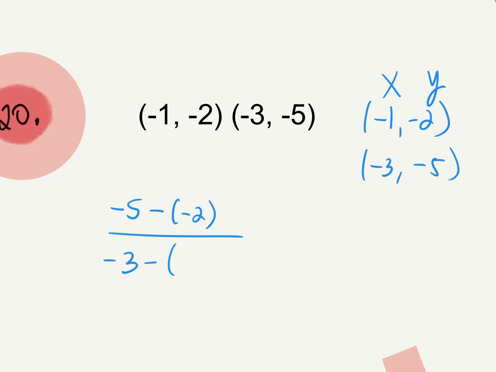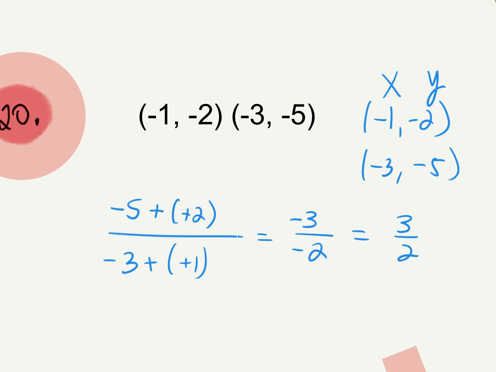So negative 3 minus a negative 1. Whole bunch of negatives there, guys. Minus a negative gives me a plus. Negative 5 plus 2 is negative 3. And then I have negative 3 plus 1 is negative 2, which when we simplify, this becomes positive 3 over 2. Good.